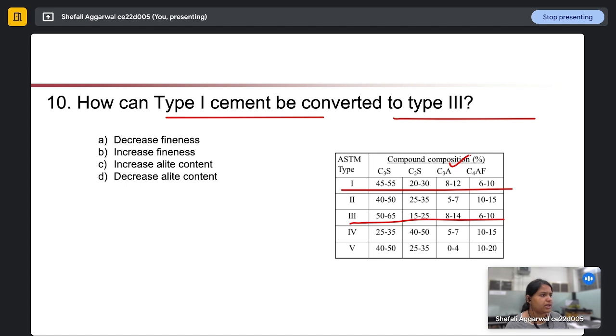C3S is called alite. So we are increasing the alite concentration. The second thing is, increasing the fineness or decreasing the fineness? The answer is increasing the fineness. So if we increase the fineness or if we increase the C3S content, we can convert our cement from type 1 to type 3 cement.